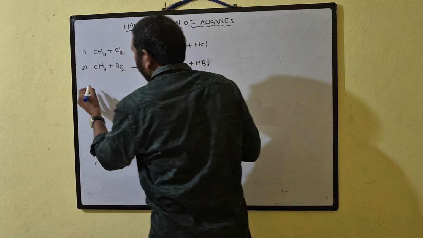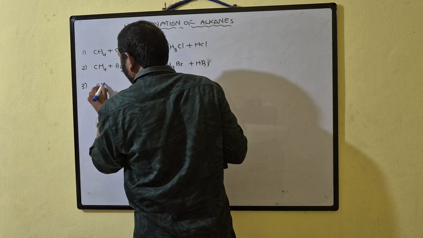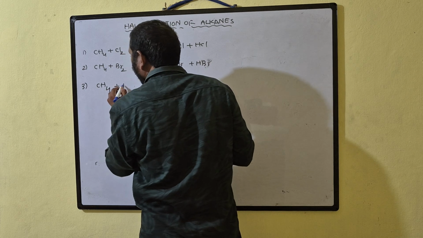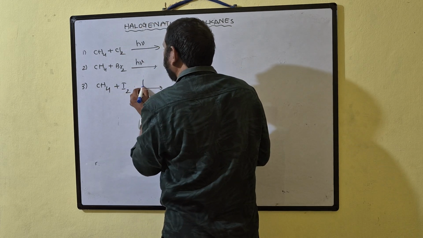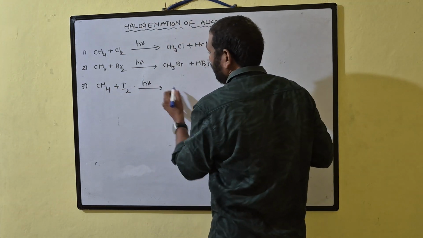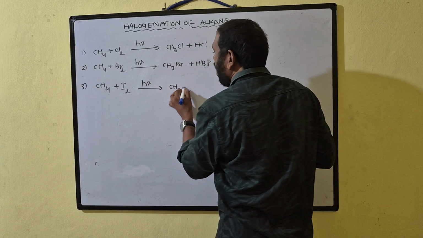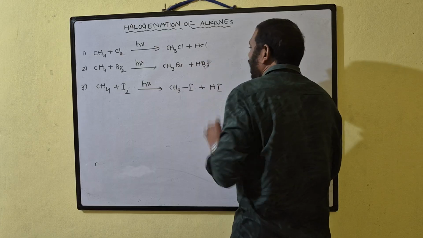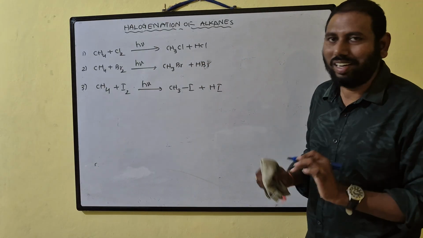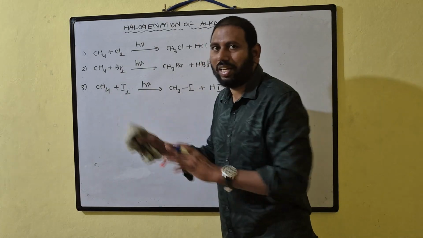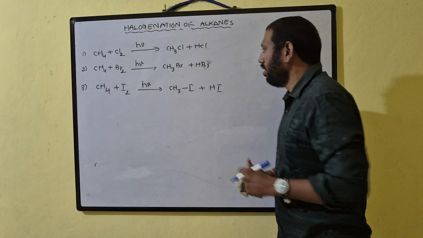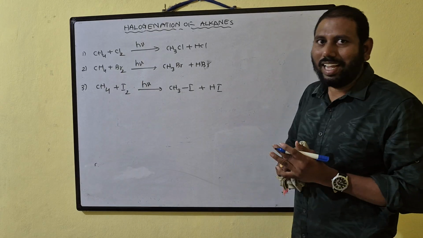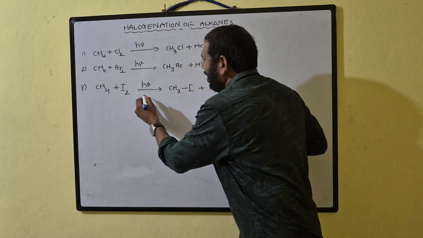Right. For example, I have taken an alkane treated with iodine in the presence of sunlight. It forms iodoalkane. The byproduct is hydrogen iodide. It is called iodination because the reaction is with iodine. This reaction is a reversible reaction.